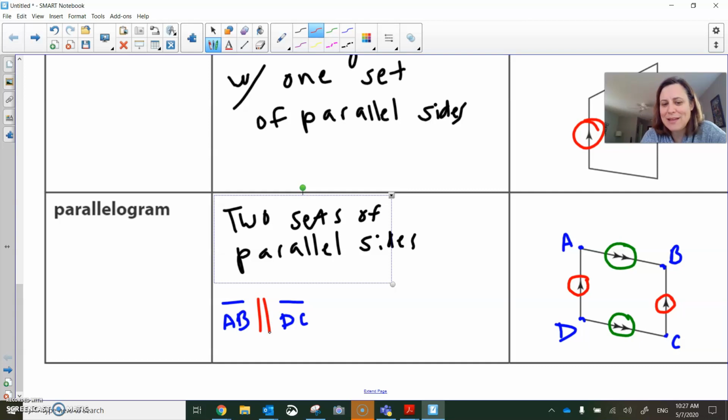So you could say AB and DC are parallel. You could also say AD is parallel to BC. And that little symbol I wrote above BC is the symbol we use for line segment, because it looks like a line segment. So some things in geometry are kind of cool like that.